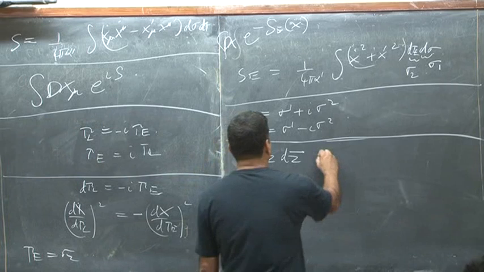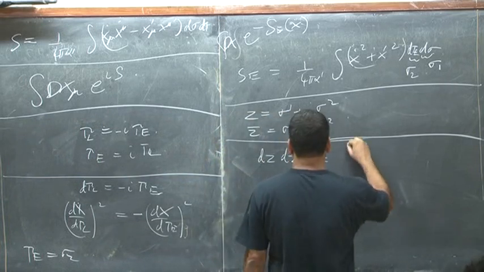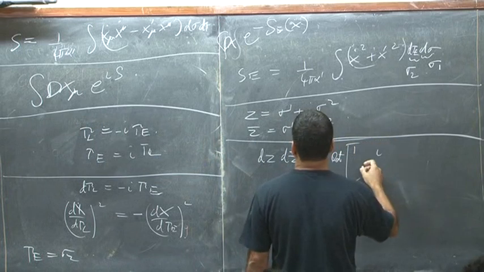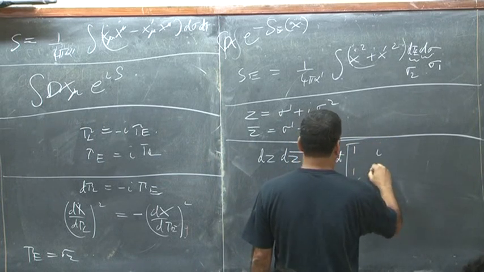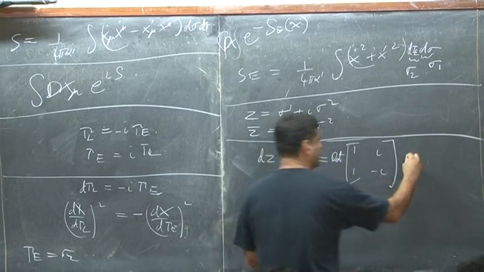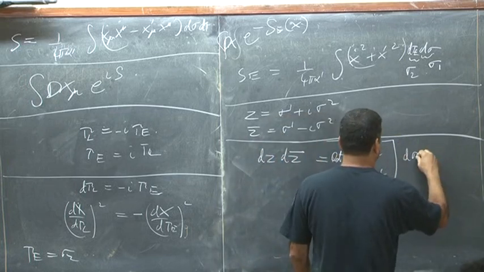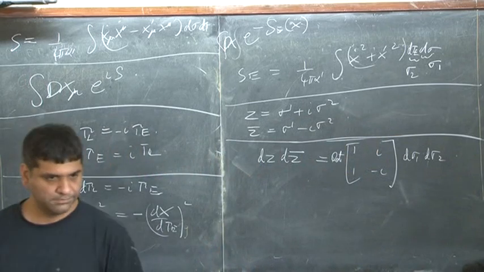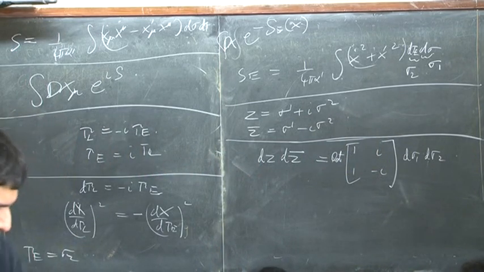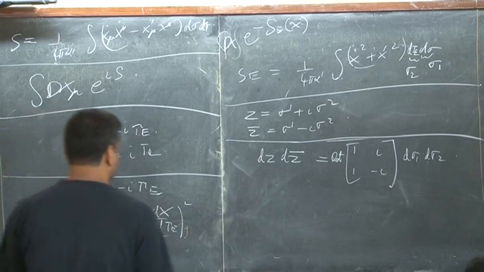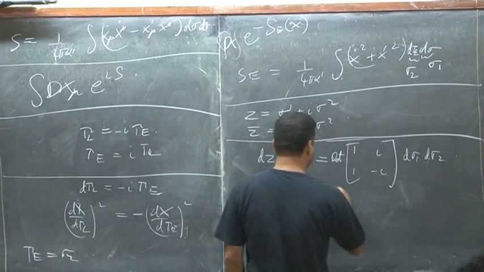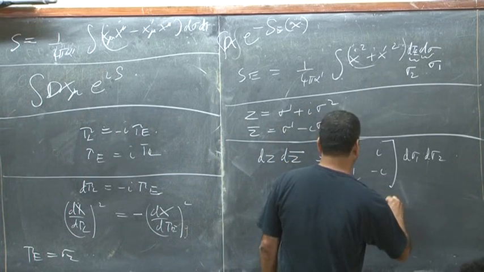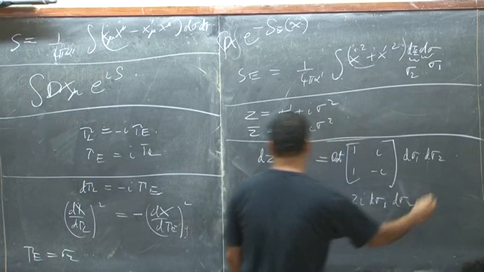So dz bar is equal to the determinant of 1, minus i, and so on, times d sigma 1 d sigma 2, by the usual variable change formulas. This is just what I mean by dz bar, which is equal to minus 2i d sigma 1 d sigma 2.